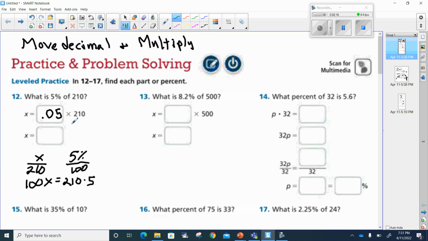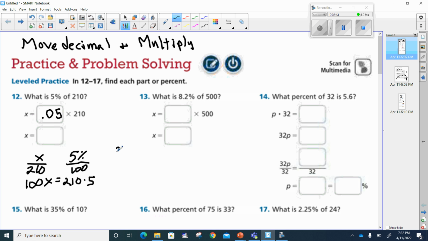Now, you might notice when I get to dividing this 100 away, I'm going to have it over here over the 5. And that 5 divided by 100 is really going to give me what I'm looking for. It's the same thing as 0.05, right? Because if I take 5 and divide it by 100, I'm moving the decimal back 2 spaces.